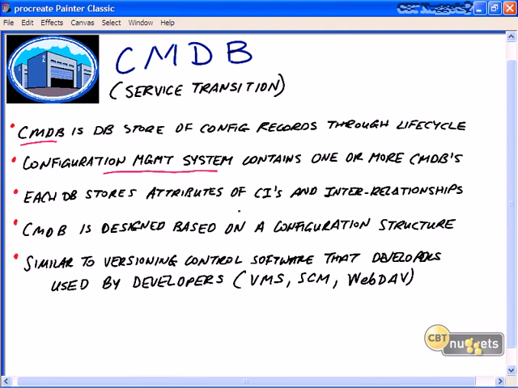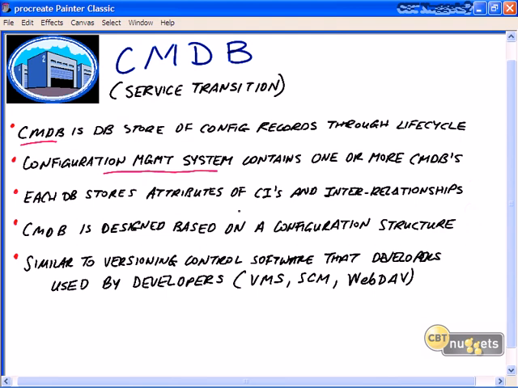The configuration management system is going to have tools for collecting, storing, managing, updating, mining, and presenting this data about all the configuration items, the CIs, and the relationships they have to each other. The configuration management system is maintained by configuration management, and it's going to be used by all of the IT service management processes, all the ones we've talked about so far in this Nugget series and the ones that we're going to talk about in the future.